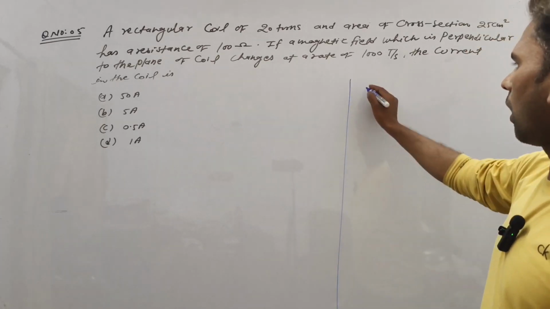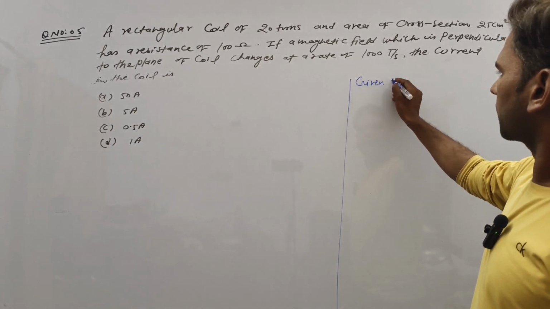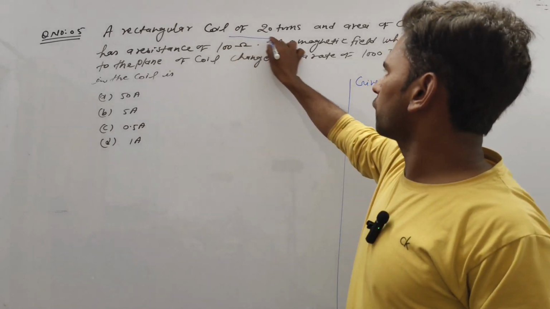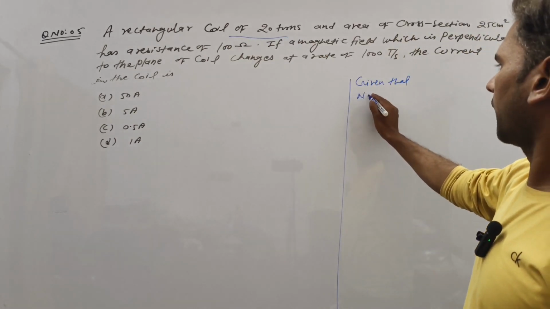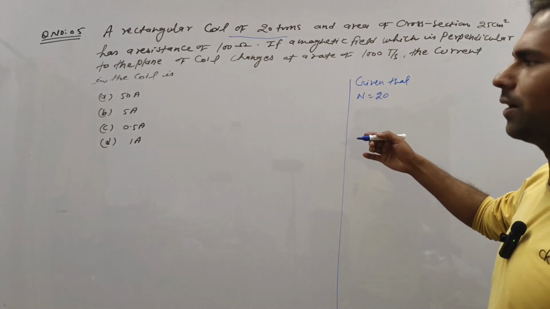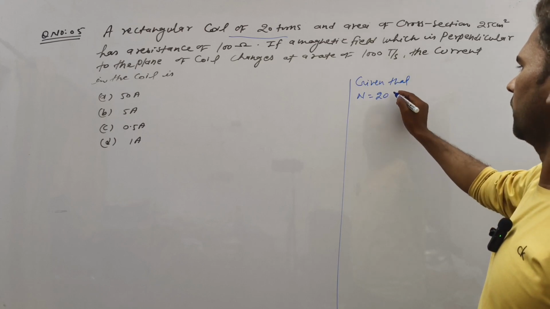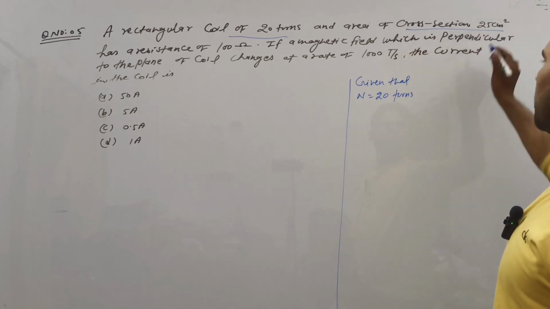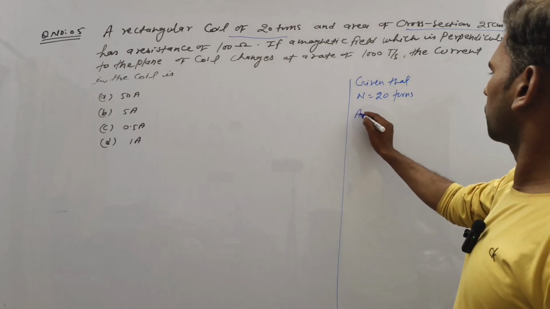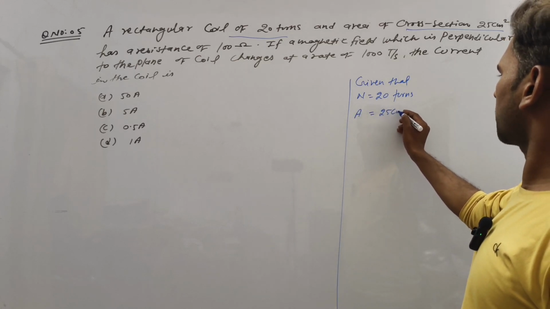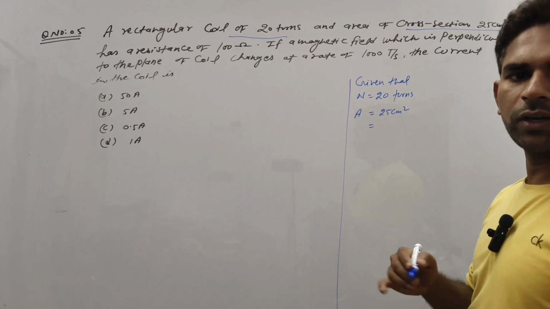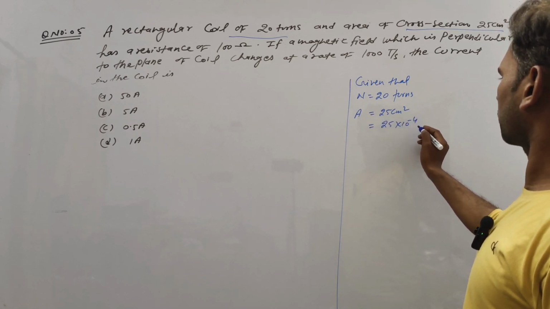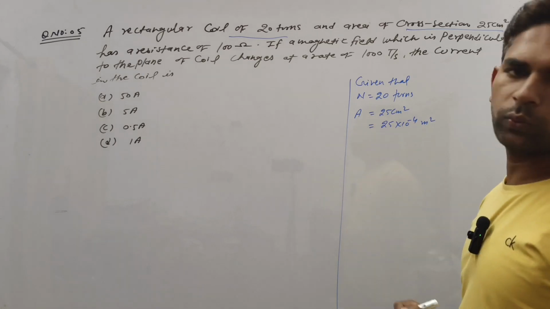Now how can you solve it? First you will write the given values. Number of turns is denoted by capital N, 20 turns. Cross-sectional area is denoted by capital A, 25 centimeter square, which you can convert to SI unit: 25 multiplied by 10 power minus 4 meter square.